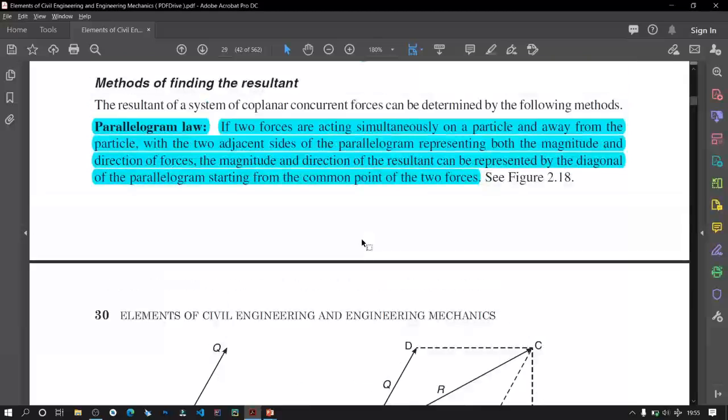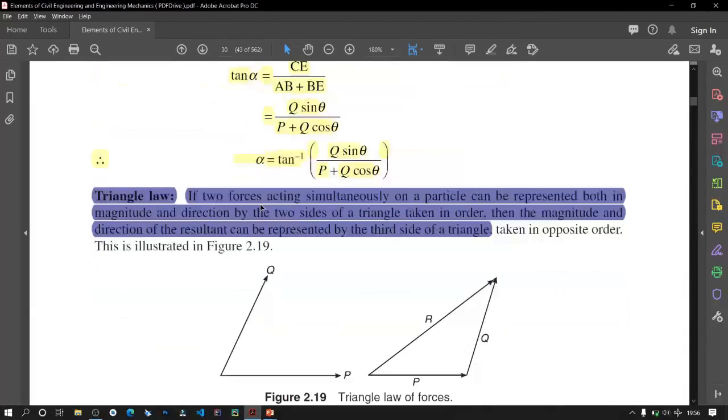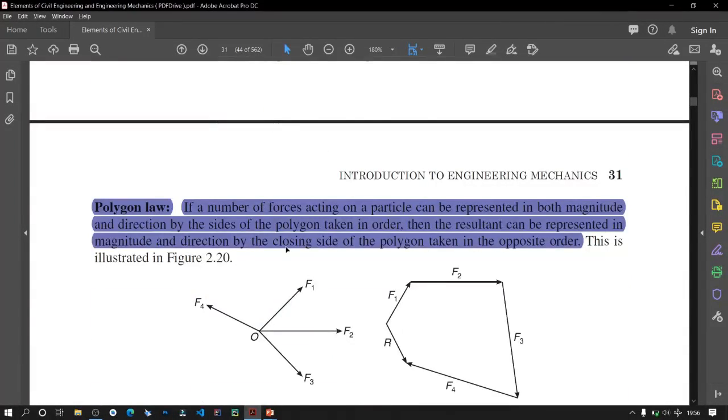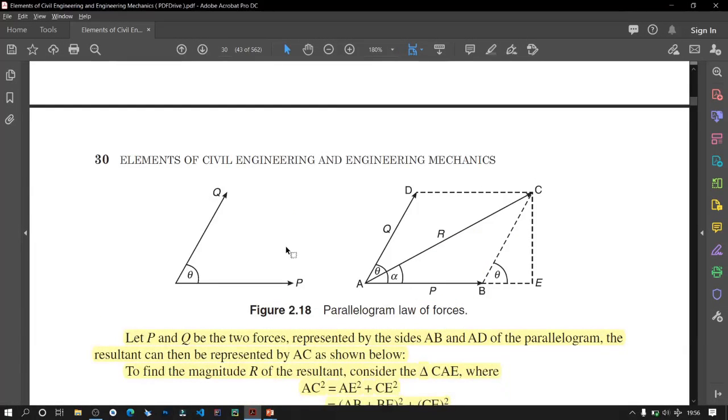Now I want to ask if everyone knows the parallelogram law of vector addition, and the triangle and polygon laws of vector addition. You should have studied these in 11th. These are the two vectors. Then we create a parallelogram of it, extend the line B to E, then join CE.